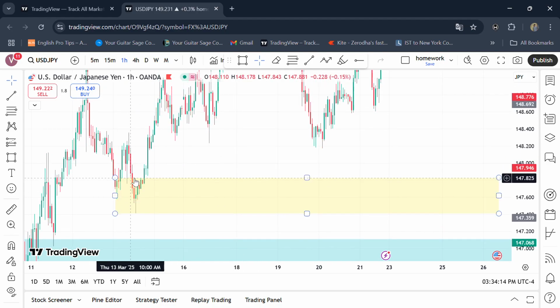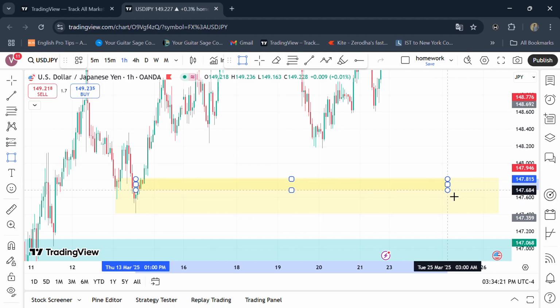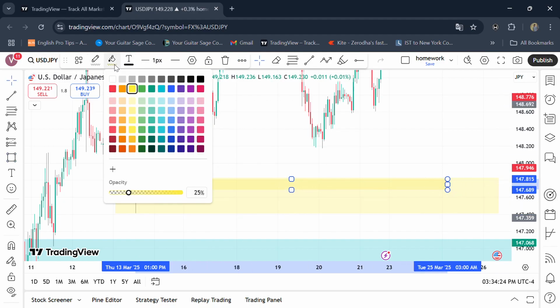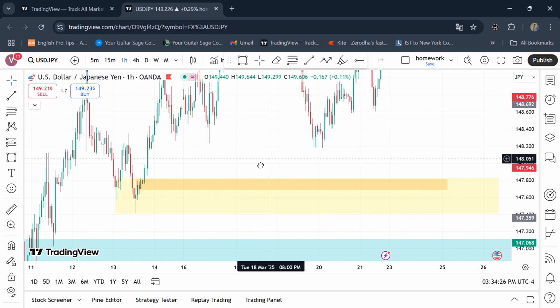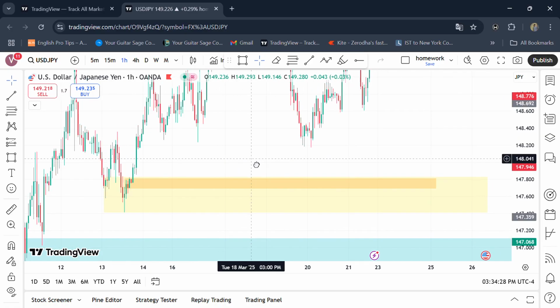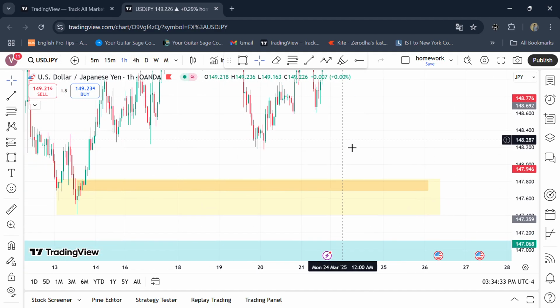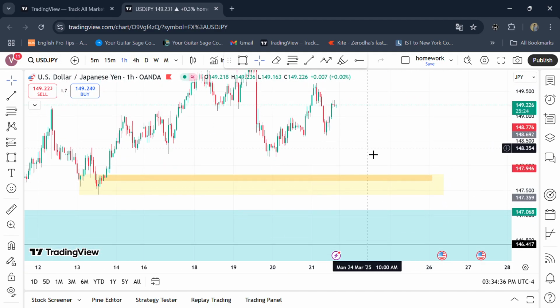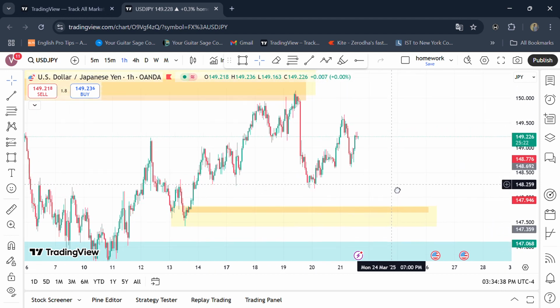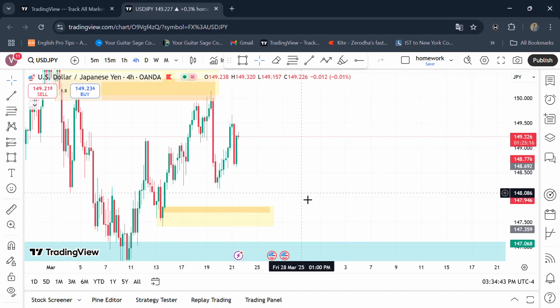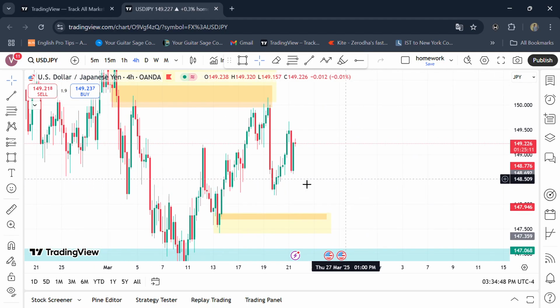If there is a very minor one, a very small one, let's mark that. Okay, so this is the last POI from where it should continue its uptrend. Let me recheck if I've marked my POI right. Yeah. Okay.